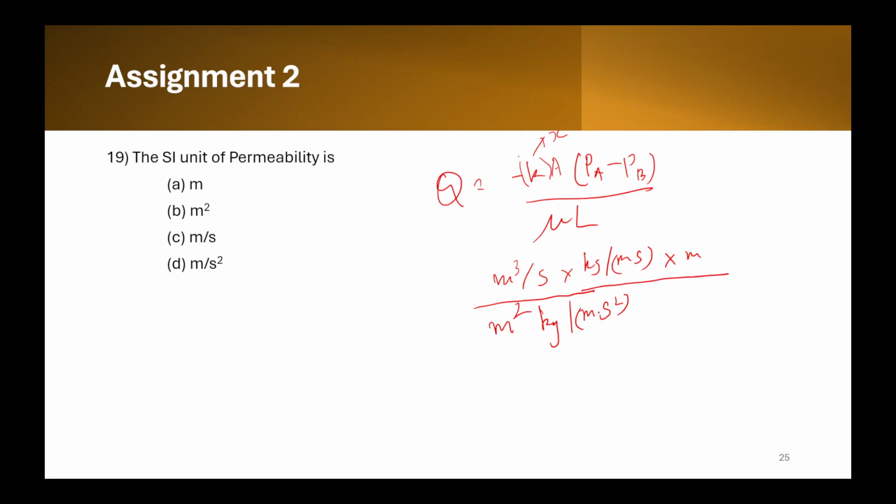The per meter and per meter get cancelled, the per second square and per second square get cancelled, and what we are left with is meter square. So the unit of permeability is meter square, the SI unit.